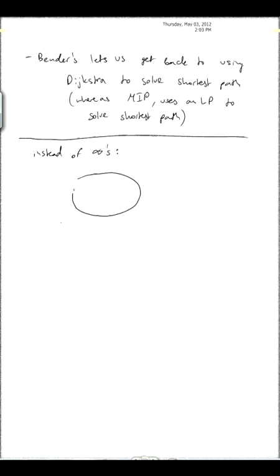So imagine that we have a graph here. So this is a graph G, and somebody's solving a shortest path from S to T. And the question is, how many edges could the shortest path have?